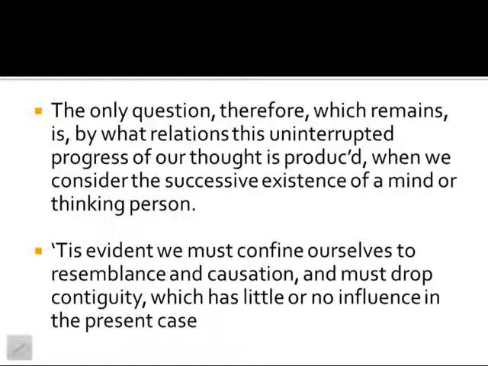So the question that he starts considering now is which one of those 3 relations is the main source of our idea of personal identity in humans. He's already said that these 3 relations of association, resemblance, contiguity, and causation, are at the root of the mistakes that we make about identity.